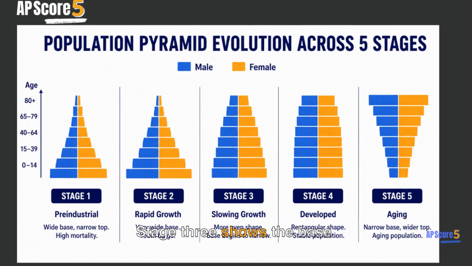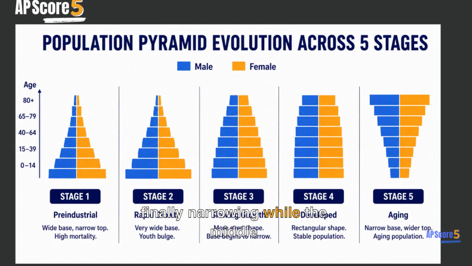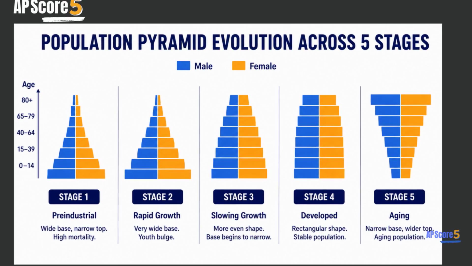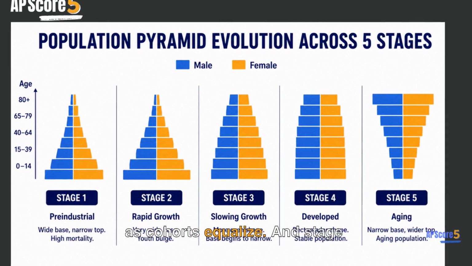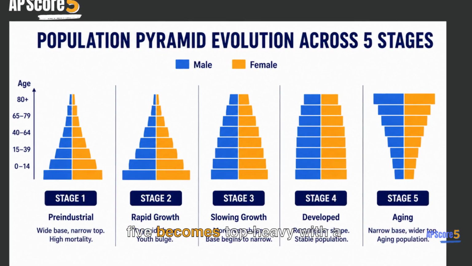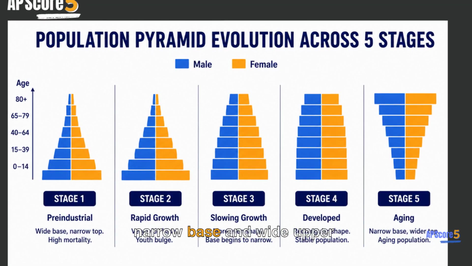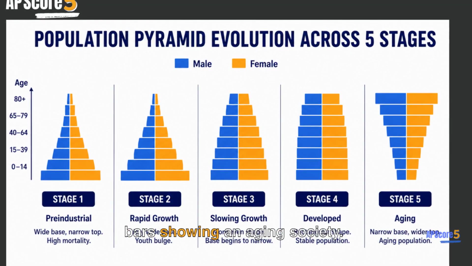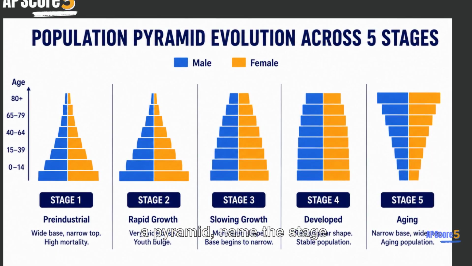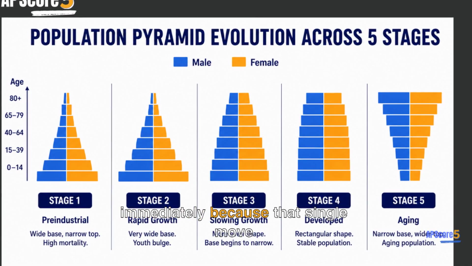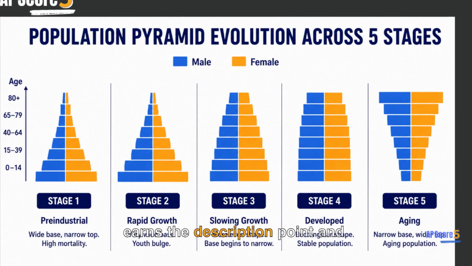Stage 3 shows the base finally narrowing, while the middle stays thick. Stage 4 becomes roughly rectangular as cohorts equalize, and Stage 5 becomes top-heavy with a narrow base and wide upper bars showing an aging society. If the exam shows you a pyramid, name the stage immediately, because that single move earns the description point and sets up your prediction.